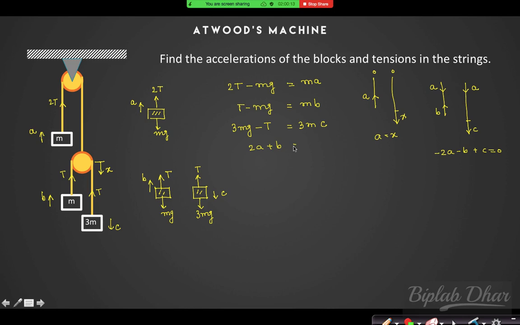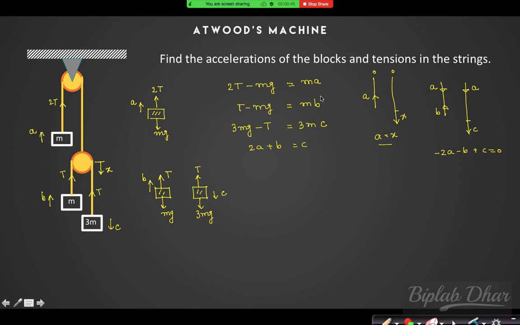These two topmost points are connected with a pulley which is coming down with a, so x equal to a, that I have calculated here. And the bottommost points we have assumed to be upward b and downward c. So 2a plus b equal to c.